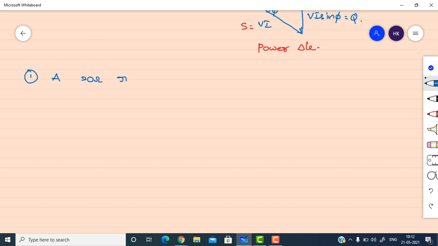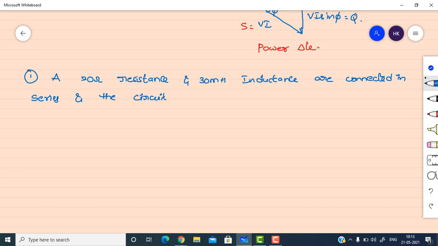A 20 ohm resistance and 30 millihenry inductance are connected in series. And the circuit is supplied by a 230 volts 50 Hz AC supply.